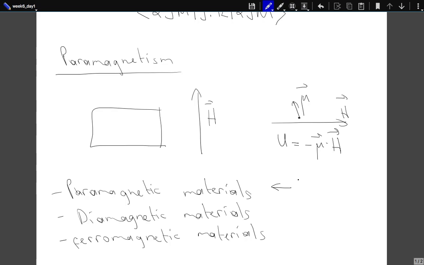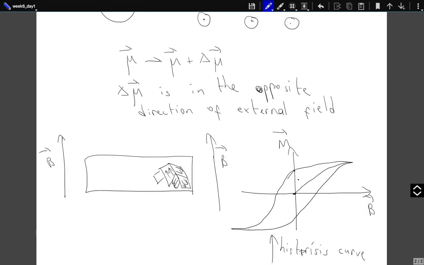So basically we have these magnetic dipole moments, and in fact for simplicity we can just take the atoms, we have the electrons, a collection of electrons.